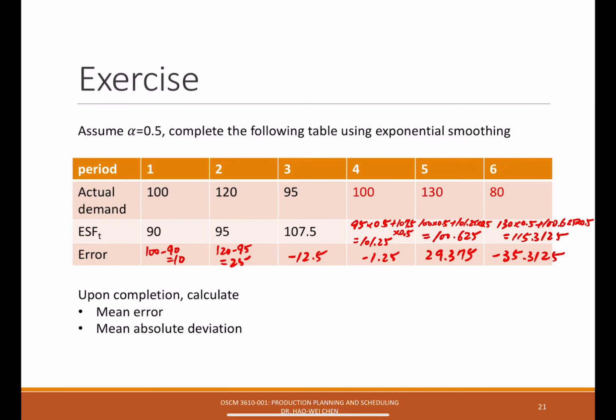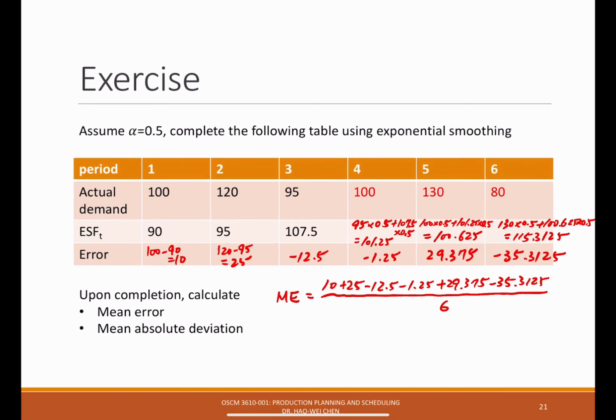Okay, so for the mean error, it will be 10 plus 25 subtract by 12.5 subtract by 1.25 plus 29.375 subtract by 35.3125, everything divided by 6. I got 2.55.